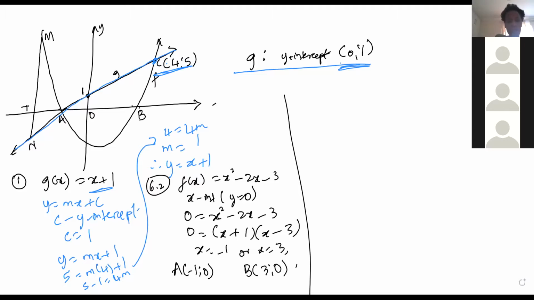Then question 6.3. They say determine the range of F. Range of F. Anyone who wants to try? What is the range of F?